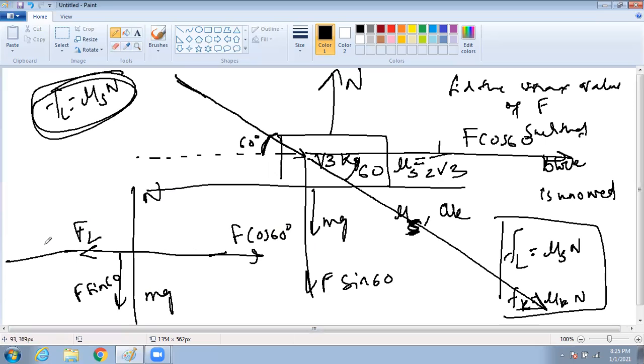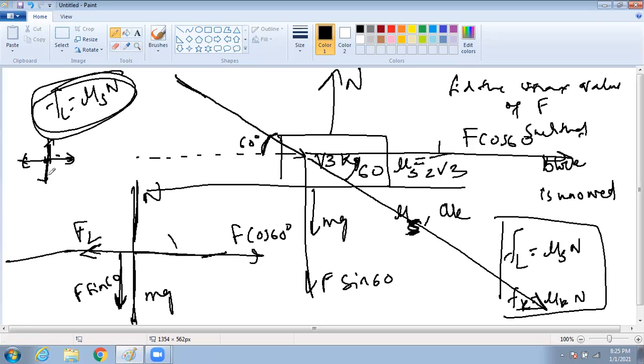The body will not move only when all these forces are equal and opposite. I told you that whenever there is a body and there are 4 forces acting, the body will not move only when the forces are equal and opposite.